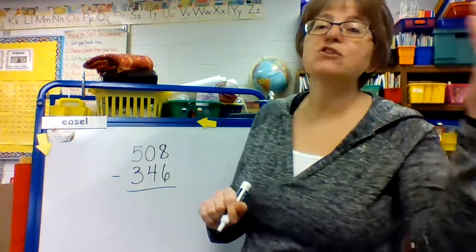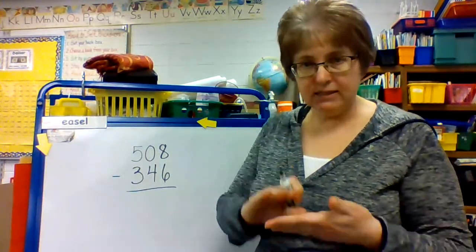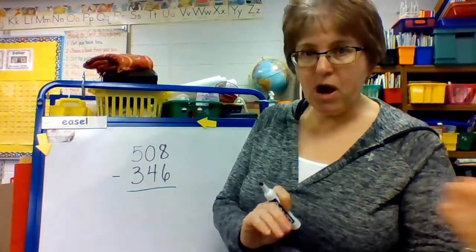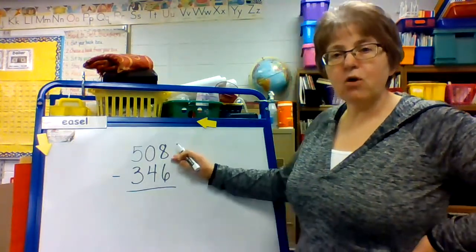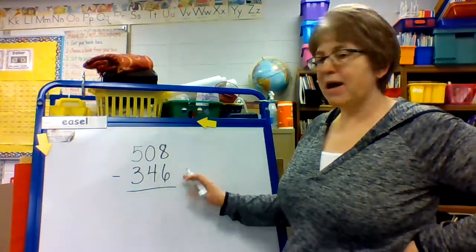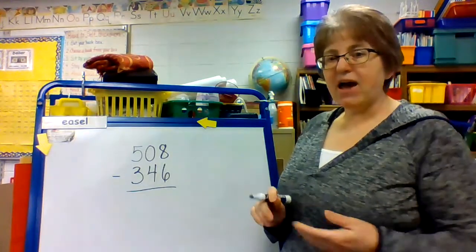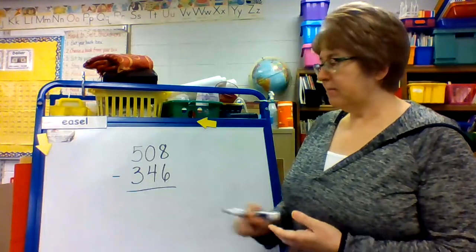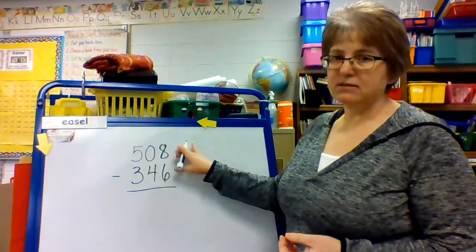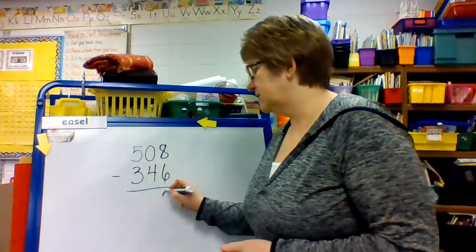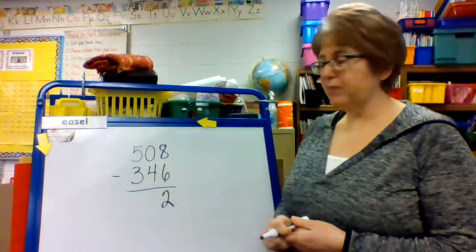Meaning, did I have to go and get more tens? Did I have to go and get more hundreds? So let's take a look at our ones. I have 8 minus 6. If I have 8 and take 6 away, or I can think 6 plus what gives me 8? My answer then is 2.